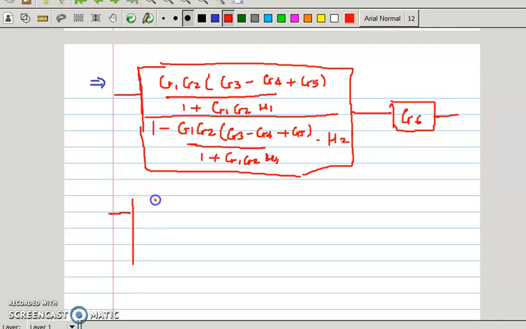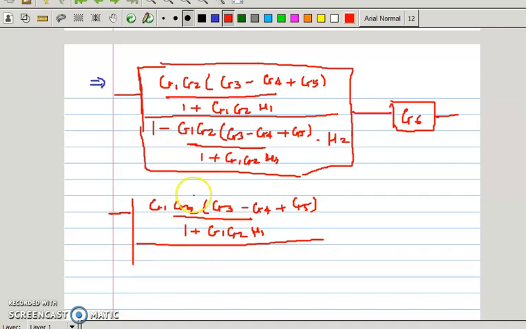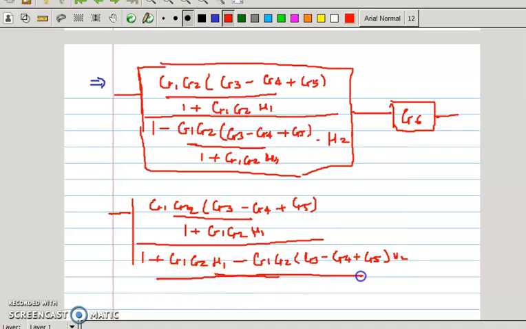See, G1 G2 G3 minus G4 plus G5 as it is divided by 1 plus G1 G2 H1 as it is, right, whole divided by, again see, when we take cross multiplication here, it is 1 plus G1 G2 H1, right, minus G1 G2 G3 minus G4 plus G5 into H2, whole divided by 1 plus G1 G2 H1, right.